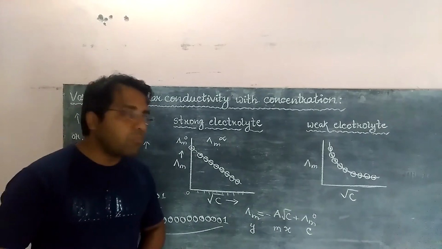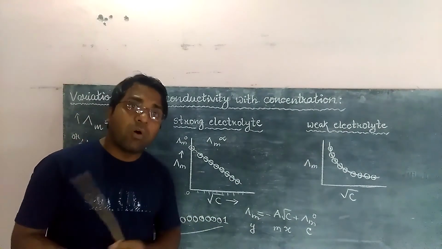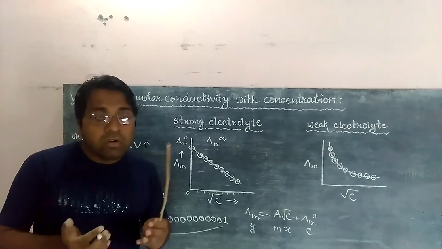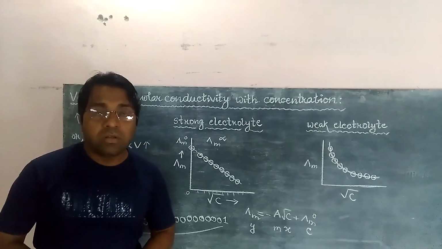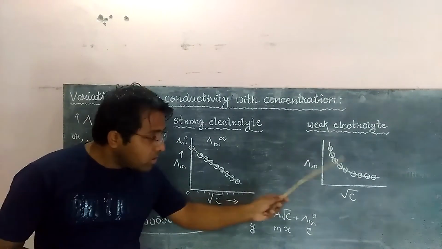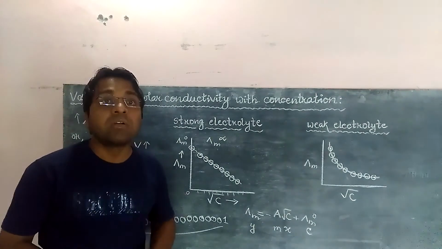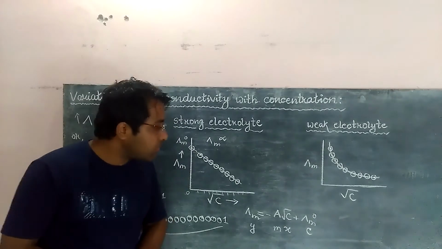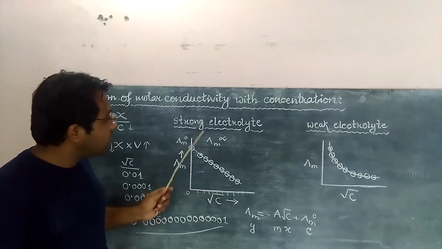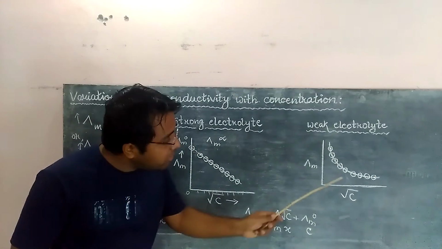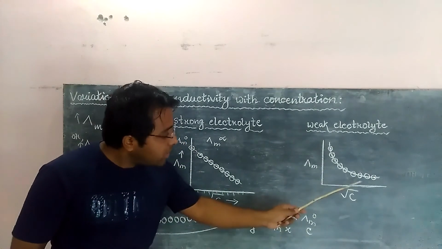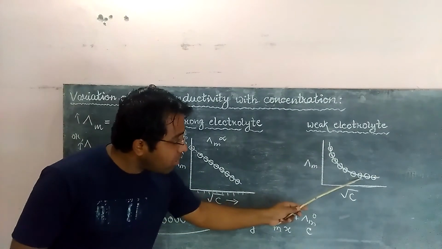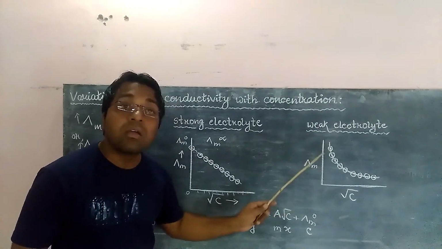But what is the problem with weak electrolytes? As we already discussed, weak electrolytes do not ionize completely, that is, they do not undergo complete dissociation. That is why, on dilution, although the volume rises and lambda m value will also rise, a straight line is not obtained as in the case of strong electrolytes. Because dissociation is not complete, instead of a straight line we may get a curve.